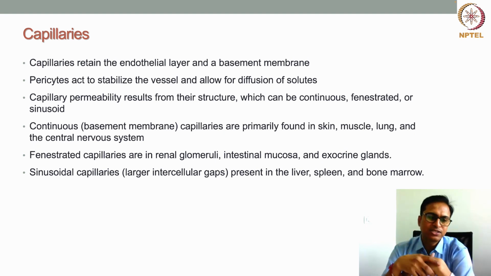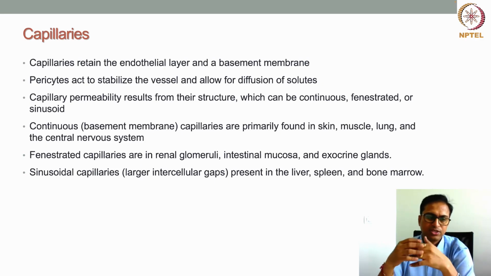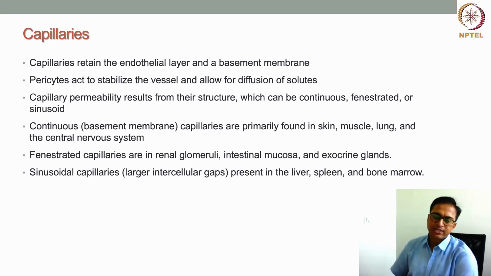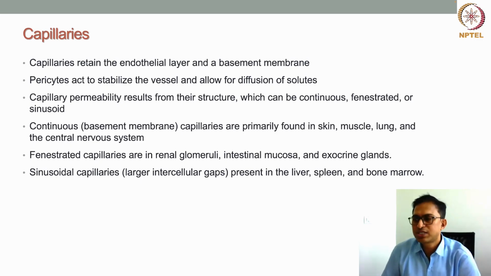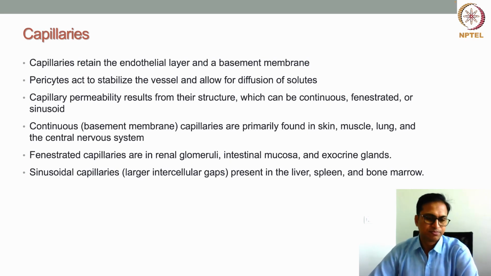The other class is sinusoidal capillaries, where the intercellular gap is larger, and they are mostly present in the liver, spleen, and bone marrow. These are the three types of capillaries. If you are targeting a particular tissue or organ structure, you also have to understand what type of capillary is present in that tissue or organ, so that you can mimic that particular capillary structure by bioprinting.